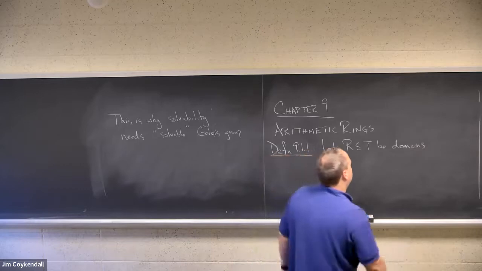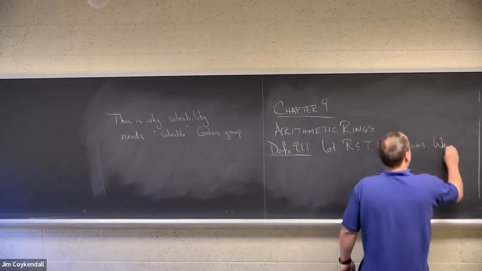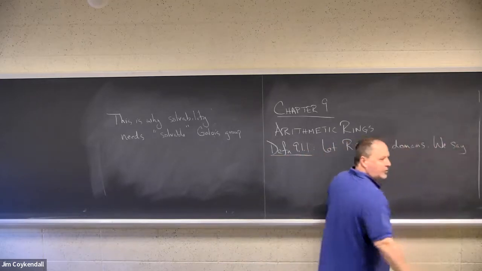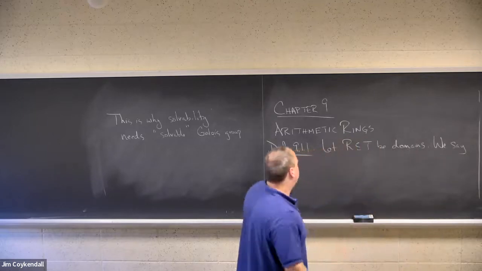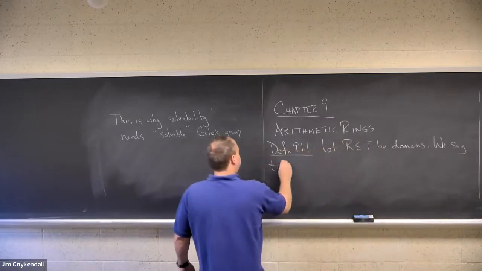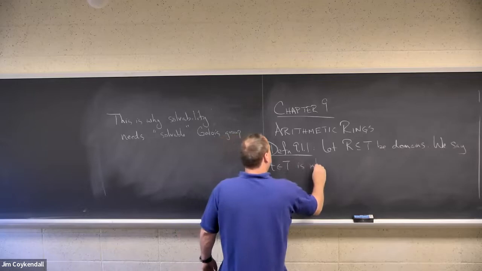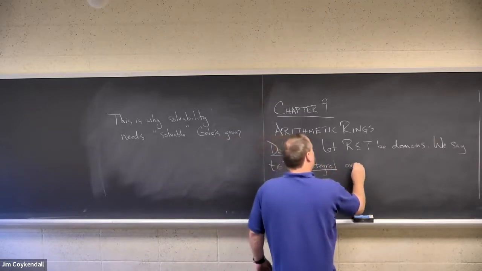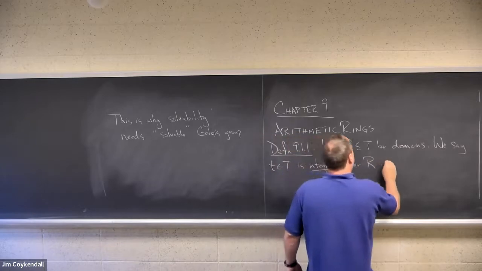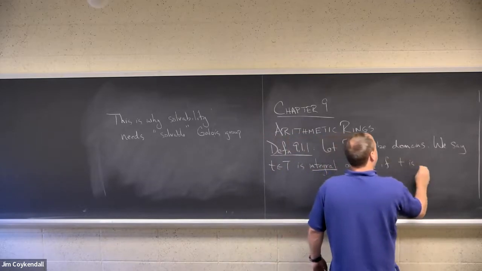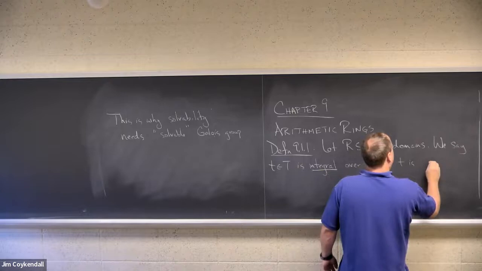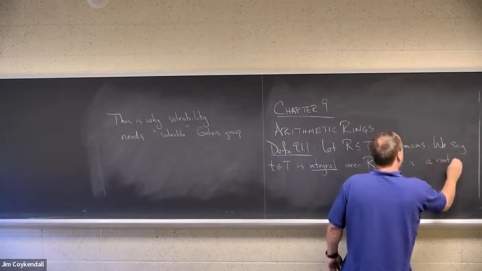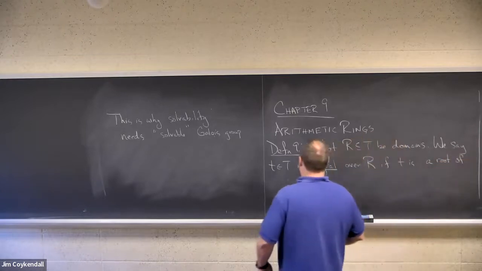We say, and this is the analog of algebraic, over R, where T is a monic polynomial.